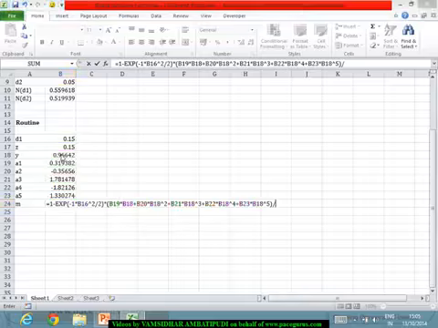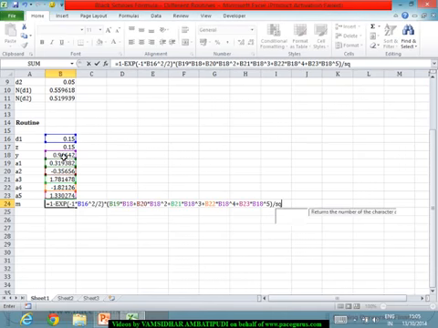This entire thing divided by square root of 2 times pi.